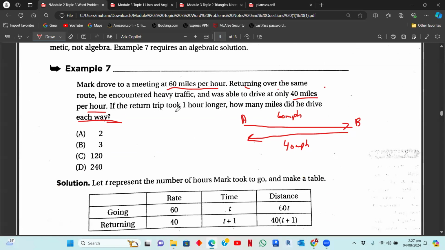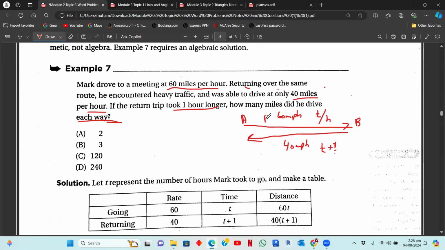If the return trip took 1 hour longer, how many miles did he drive each way? Now, let's say he drove t hours while going to the meeting, and it took 1 hour longer, so it took him t plus 1 hours when he was coming back.